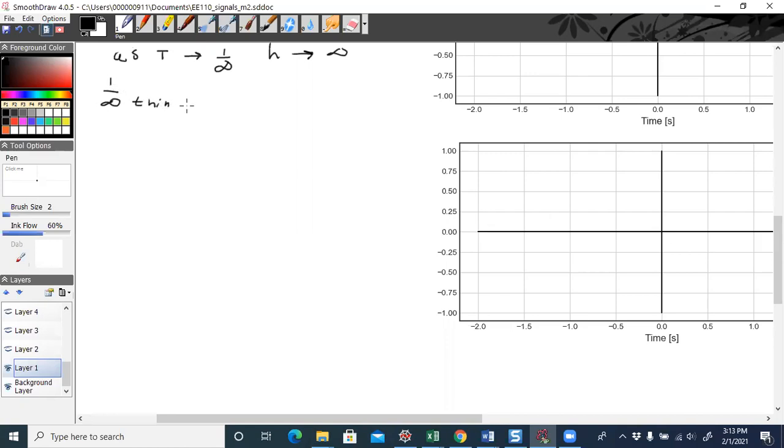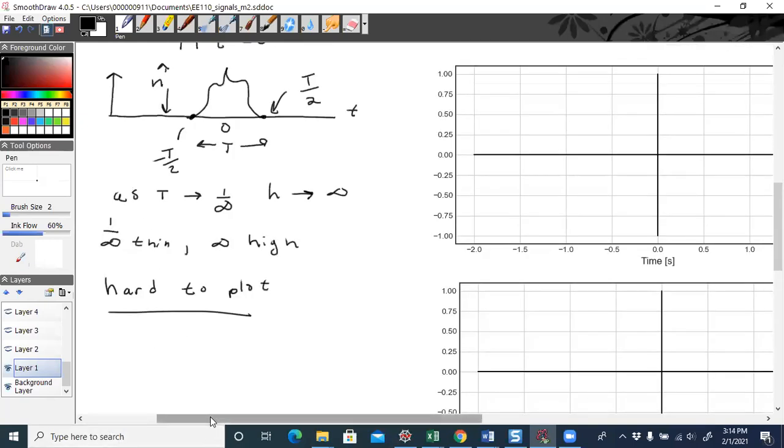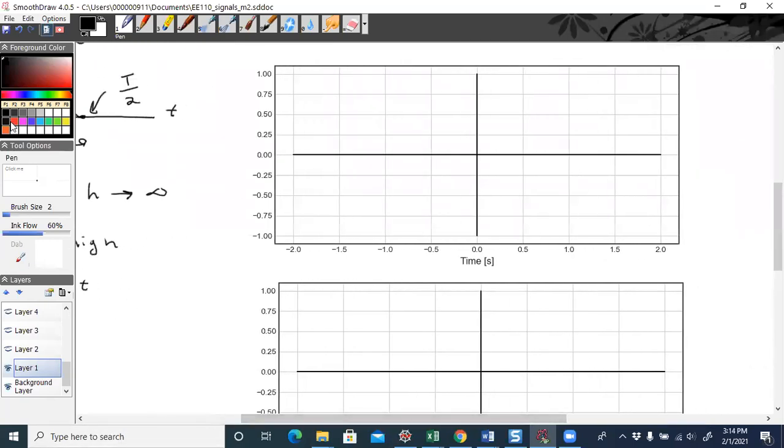Now, something that's 1 over infinity thin and infinity high, right? That's kind of hard to plot. All right. So how do we plot it? Well, we just draw a straight line up.